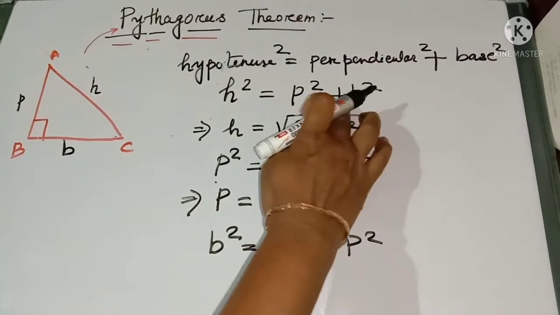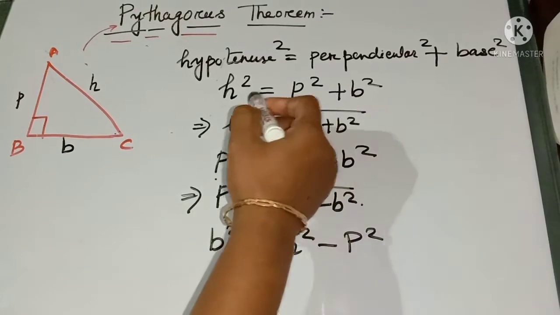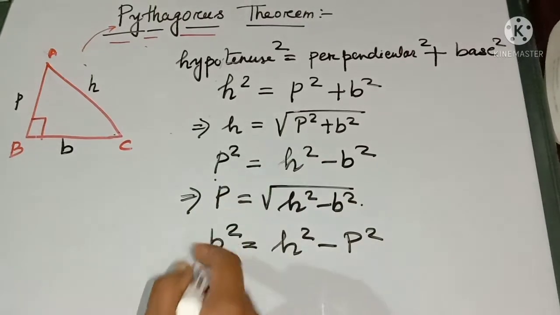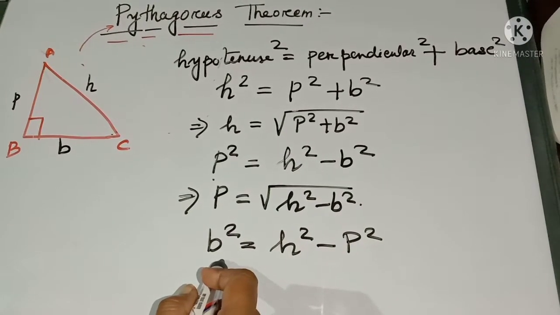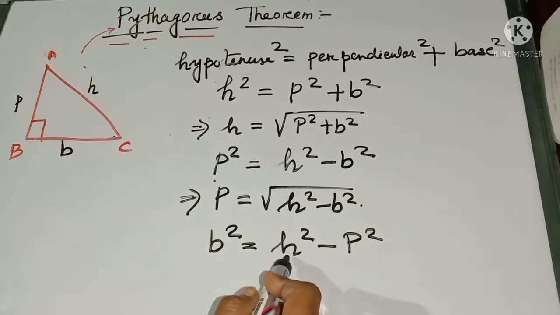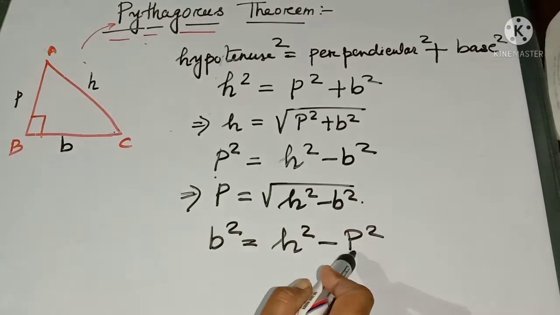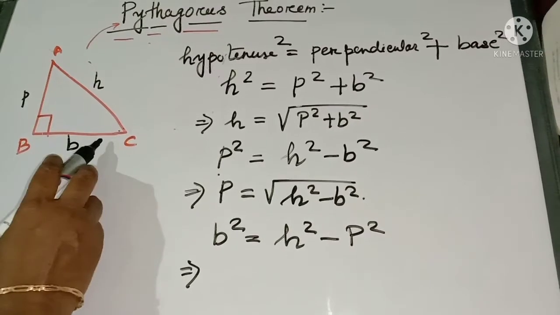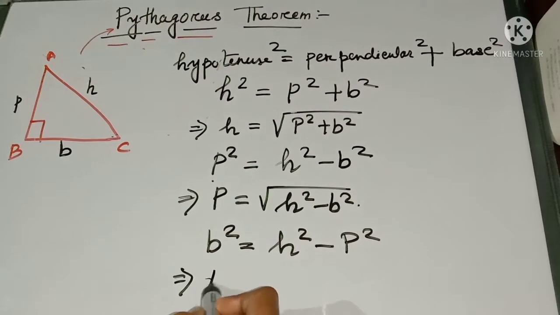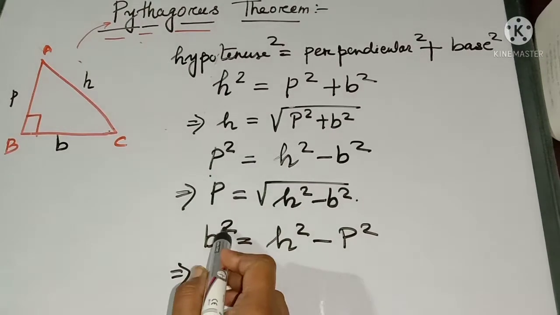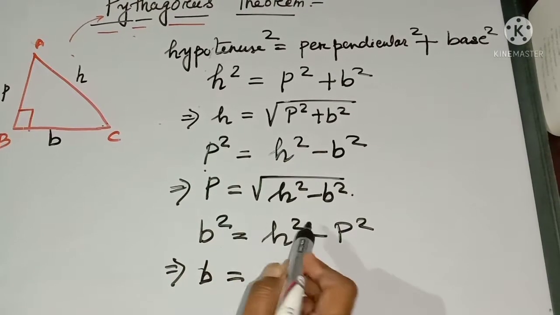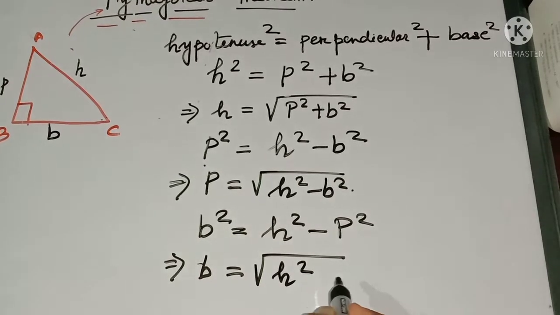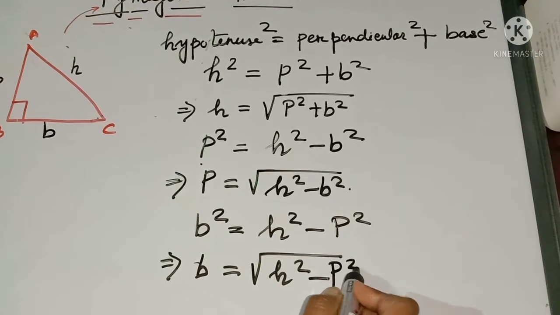This is the main formula. From this main formula, you have to derive the perpendicular square formula and also the base square formula. Or if your question is to find the base or BC, then you will write base equal to root over of hypotenuse square minus perpendicular square.